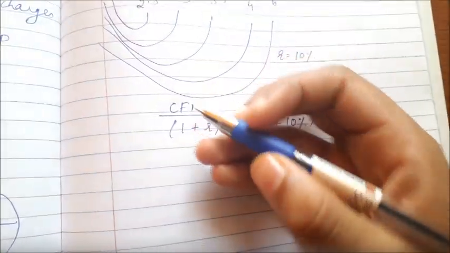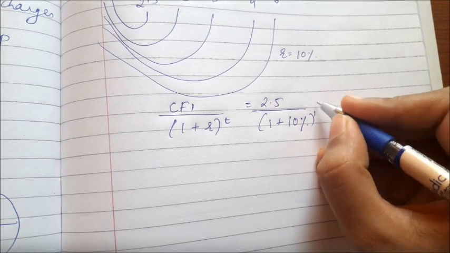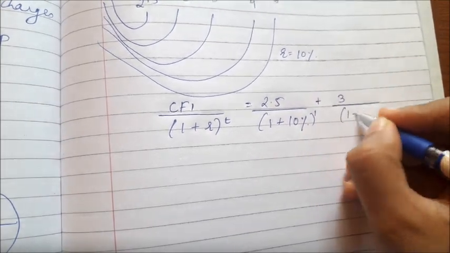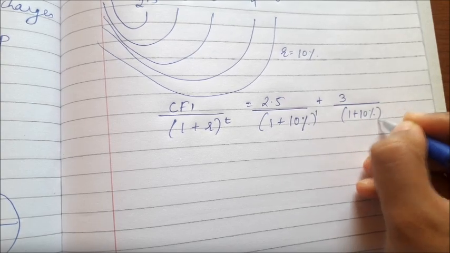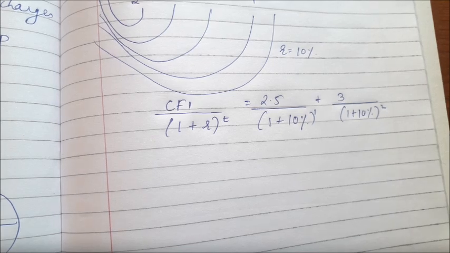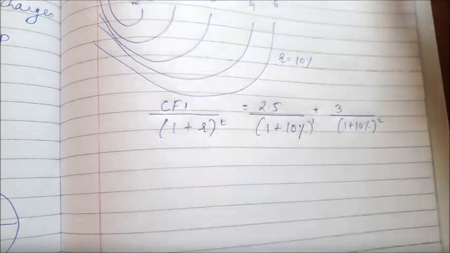Now for the next year the cash flow is 3, divided by 1 plus 10% to the power 2. As the year goes on, 1, 2, 3, the exponent would change. So this is how we bring every cash flow to the present value, but doing this is very cumbersome.